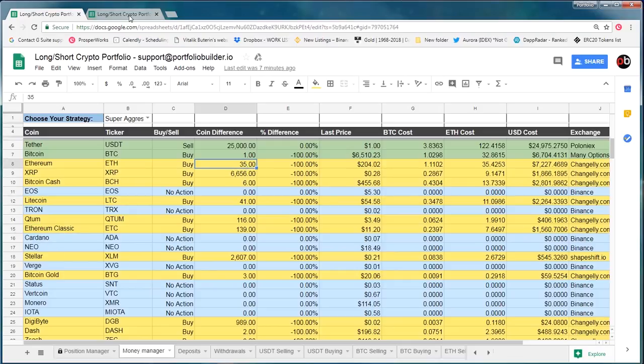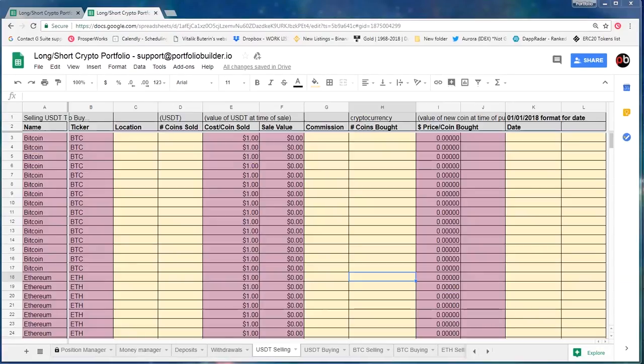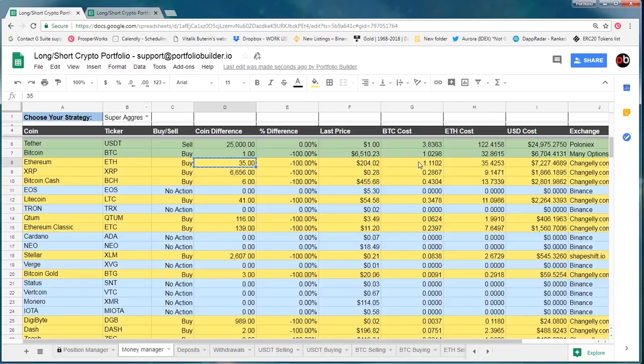So here's the amounts I'm purchasing. I'll just paste the amount of Ethereum I'm purchasing into column H, and you can see up top that I'm selling USDT to buy this many cryptocurrencies, which is this. Then I can come over here and get the cost in USDT, which would have been 7,227.